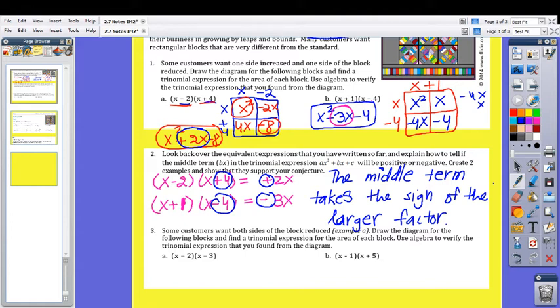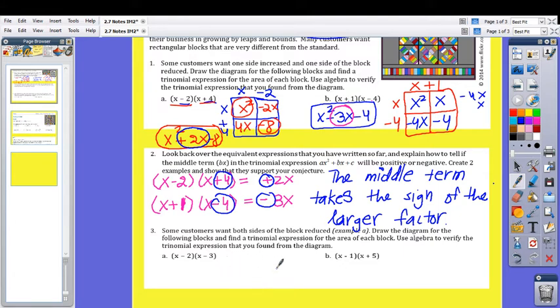So now let's do the next one. In this one, it is saying either both the sides are reduced or one of the sides is reduced.